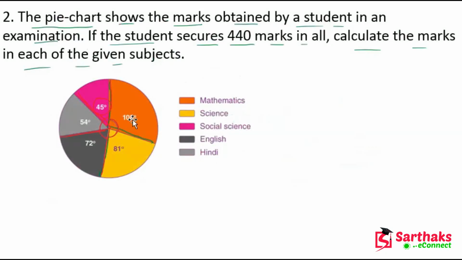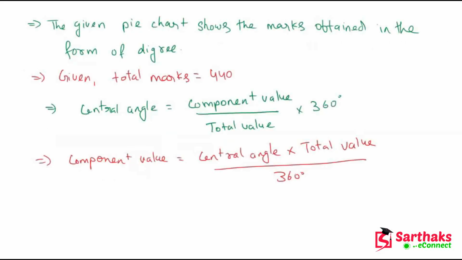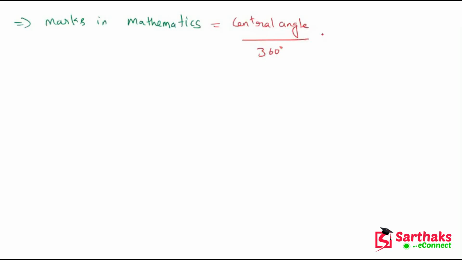From this we can find the marks in mathematics, marks in science, marks in social science, because we know the central angle of each component. Understand? So now we can calculate the marks. So marks in mathematics equals central angle divided by 360 degree into total values, or we can say total marks.